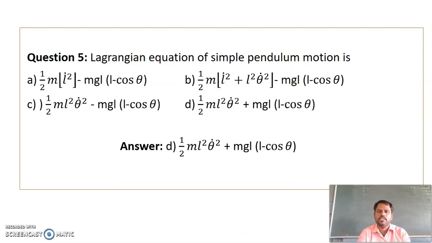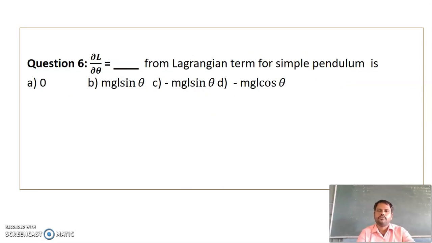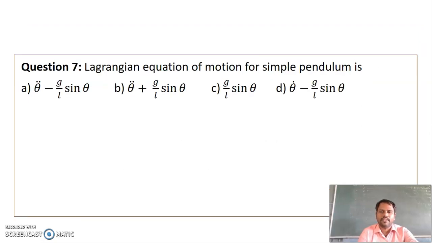So the option is D. Question number 6. dL by d theta, that is the differentiation of L with respect to theta from the Lagrangian for a simple pendulum, is minus mgL sine theta.